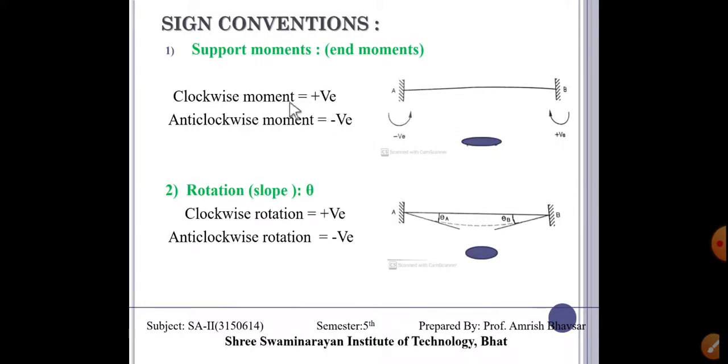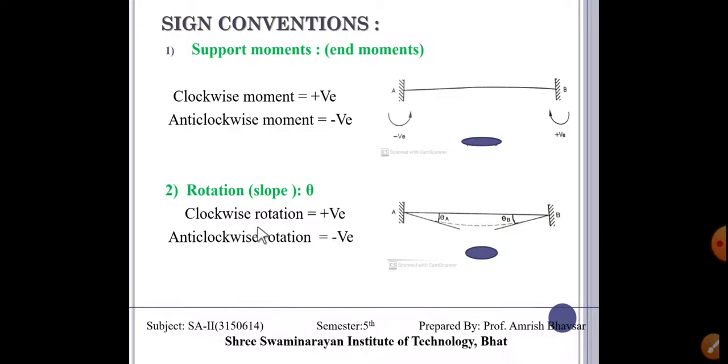Now sign convention, it is again a most important thing. Support moment means end moment, anti-clockwise and clockwise. Two types of moment are there. Suppose this is anti-clockwise, it is negative. This is clockwise, it is positive.